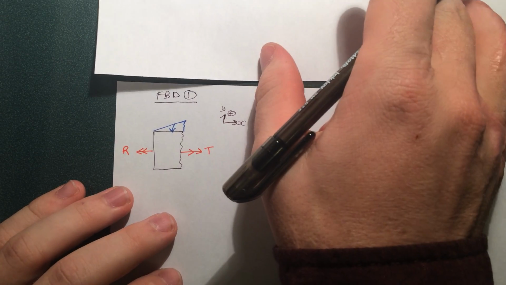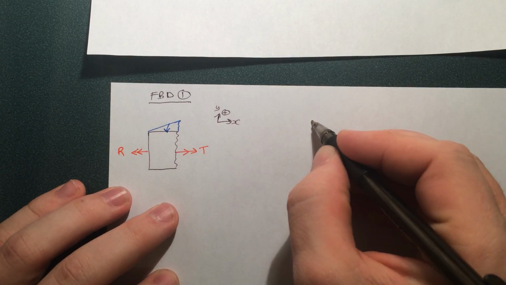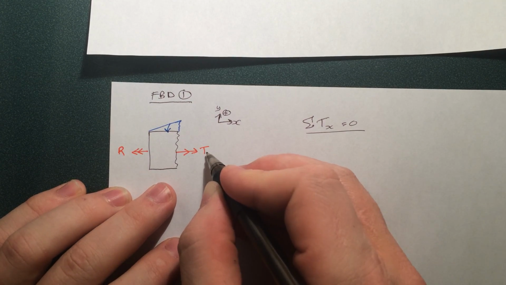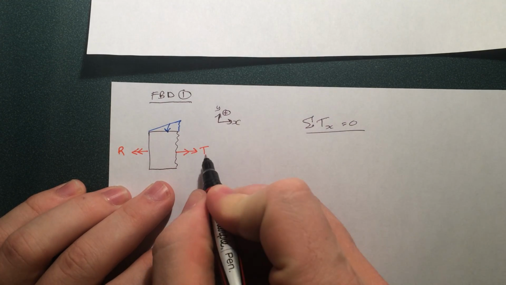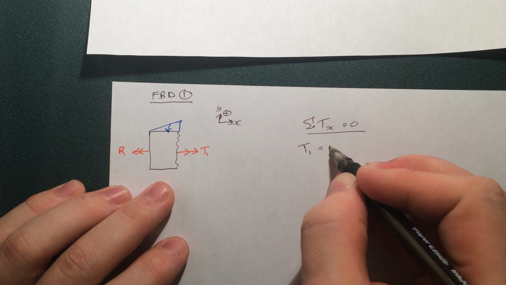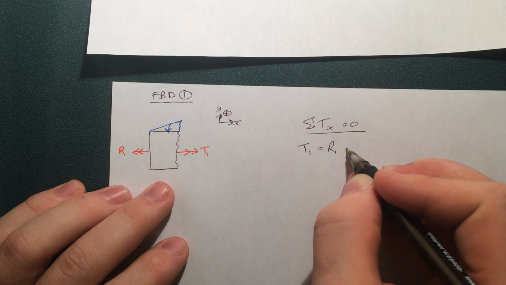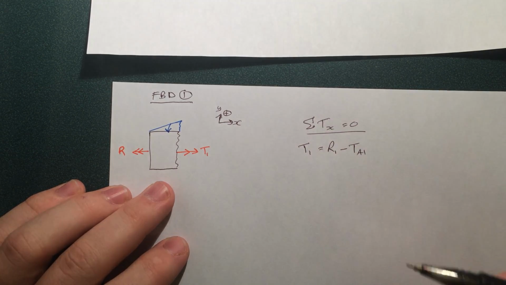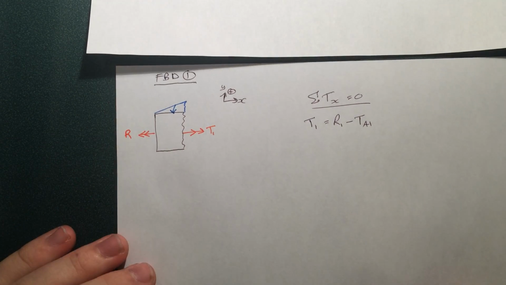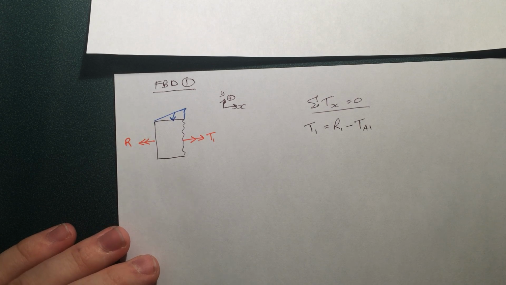So basically the same situation as before, except we've got R in the way. If we sum the torques in the x to be 0, we can solve for T. In this case, let's just call it T1. So T1 is equal to R minus T applied in the first piece, TA1. So let's go ahead and find R first of all. We need to make an overall free body diagram to find R.